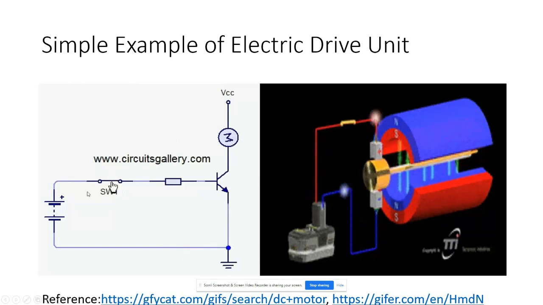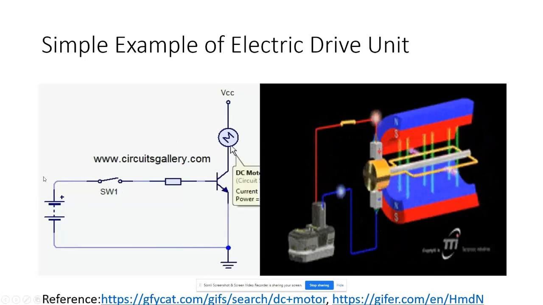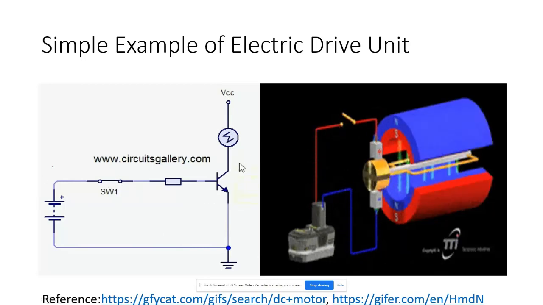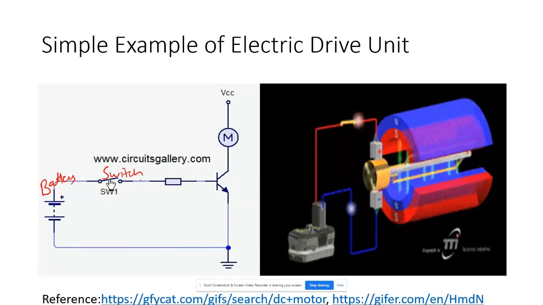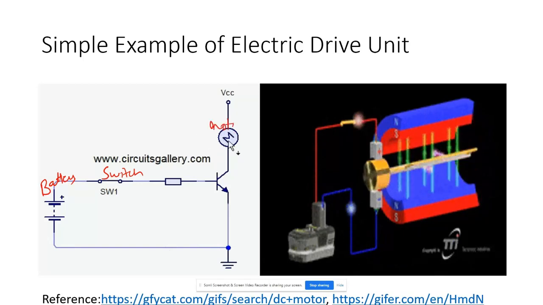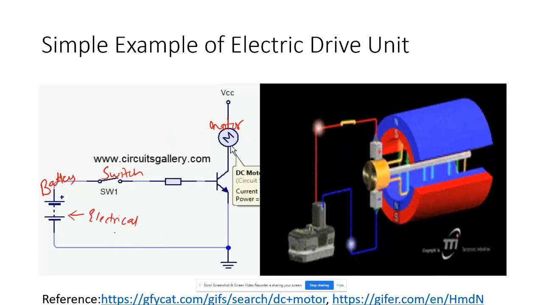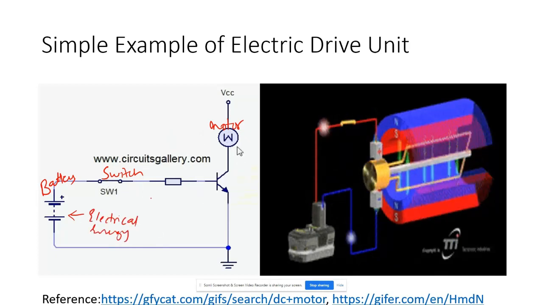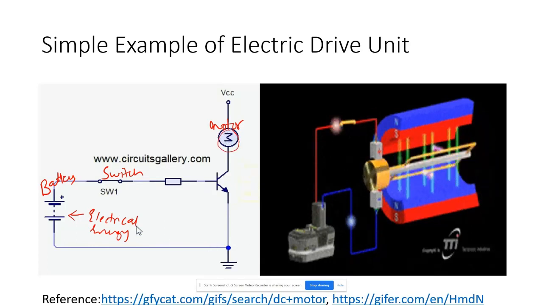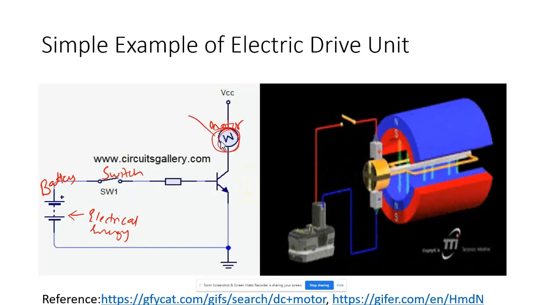This is my battery, this is my switch, and this is my motor. What goes in as input here is electrical energy, and what comes out is the rotation of the motor, which is the output, called mechanical energy.